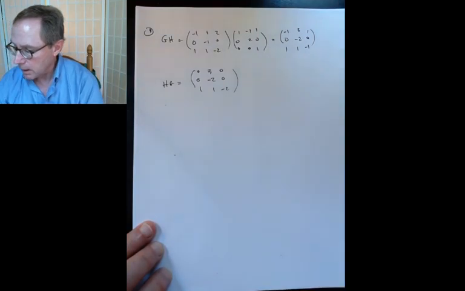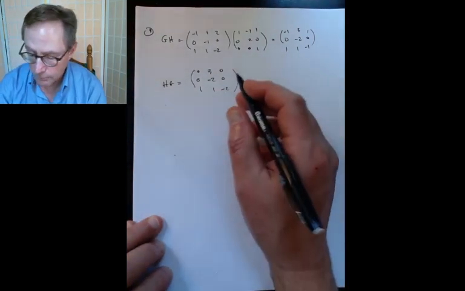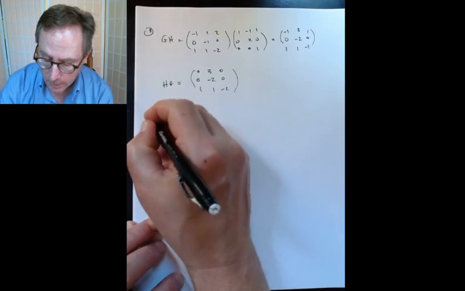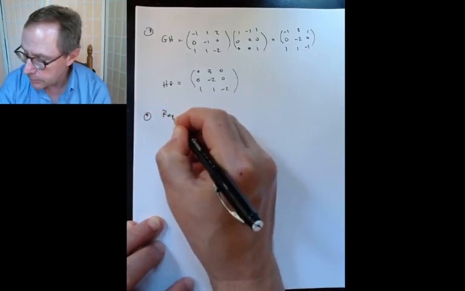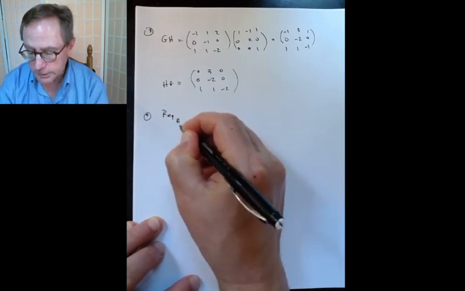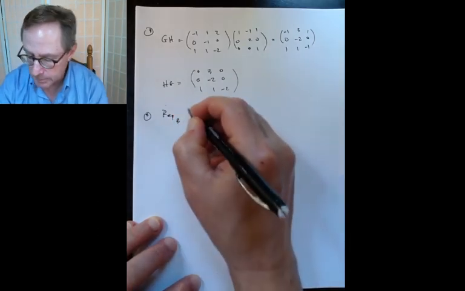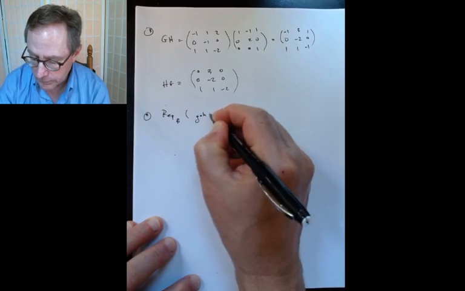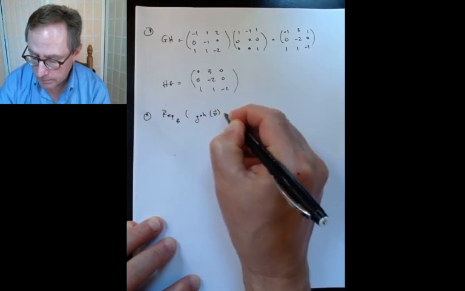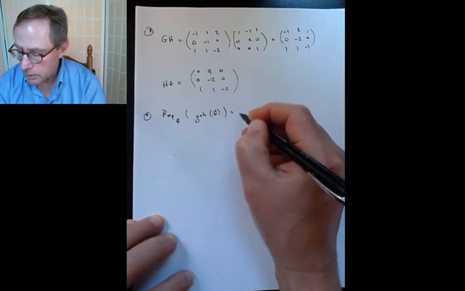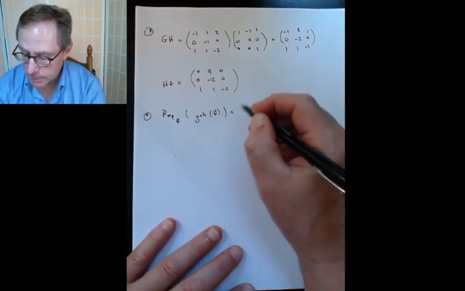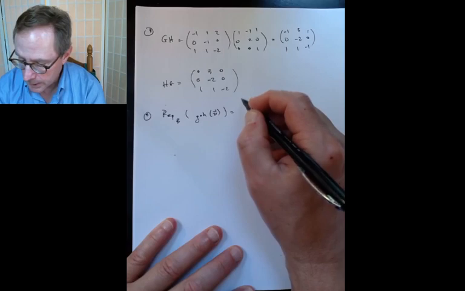Okay, and then question 4 here asks me to calculate the representation. So question 4, the representation with respect to the output basis, I could say D, I'm saying B because I'm calling everybody B, of G circle H of V is you represent map application by matrix vector multiplication.